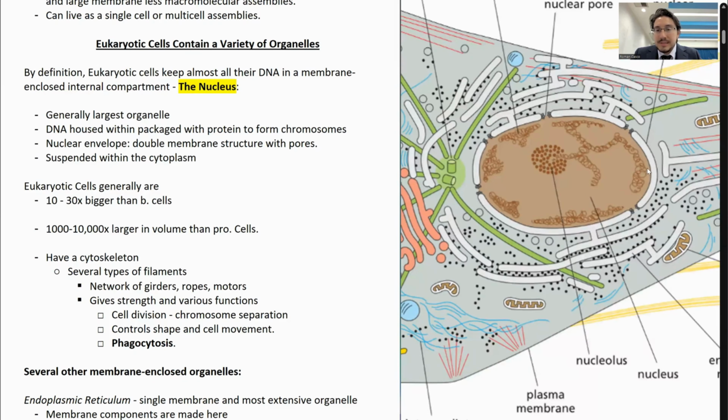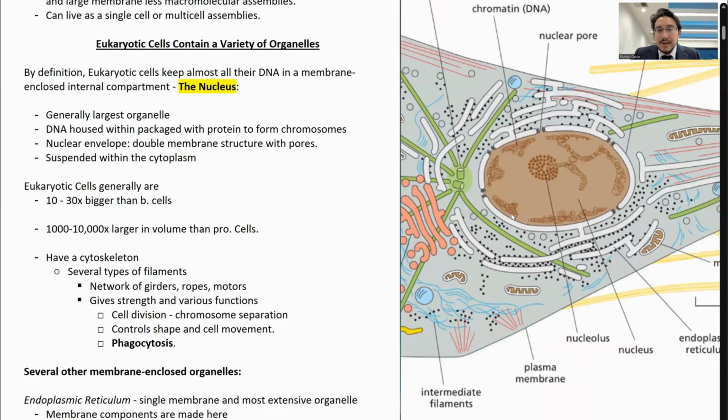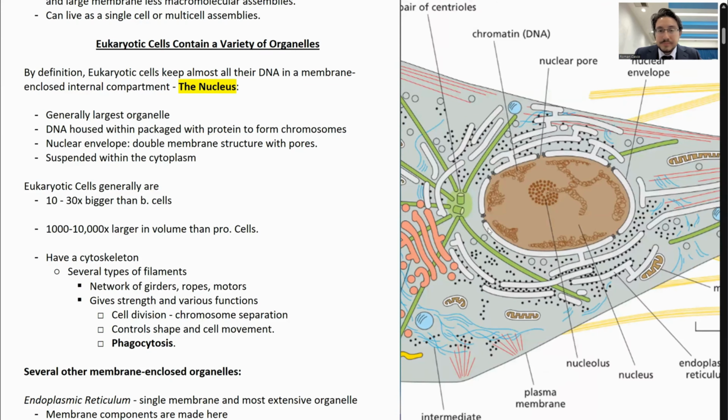So you have this structure that is enclosed in a membrane. It's a double membrane, right? And referred to specifically as the nuclear membrane, right? And it has little pores, okay, all throughout this kind of spherical structure. Of course, you're seeing a little cross section here, for example, of the nucleus, and you essentially have this little nuclear envelope, and it has these little pores in which material can come in and out, right?